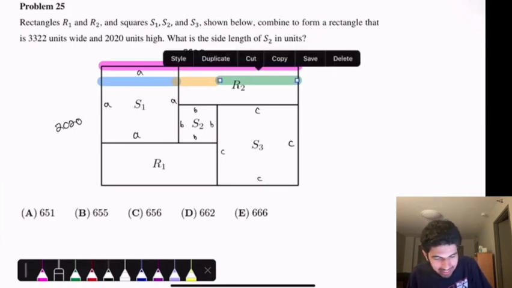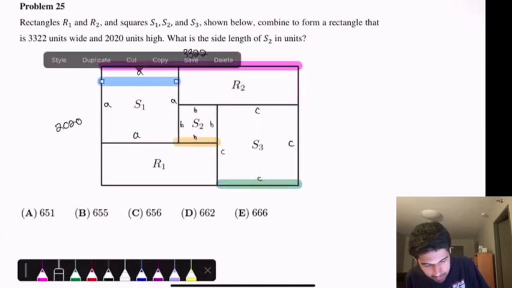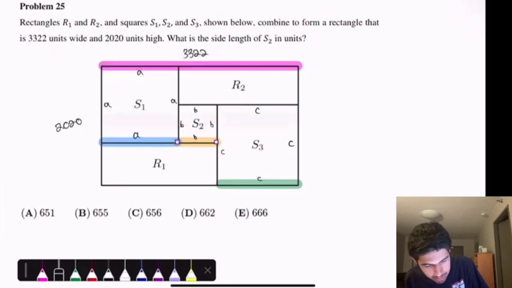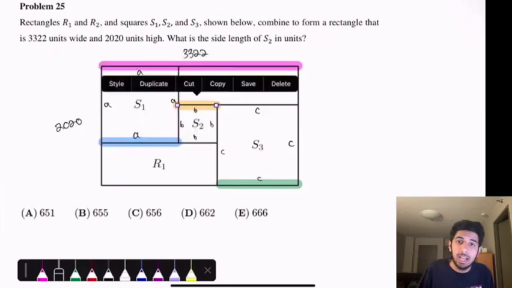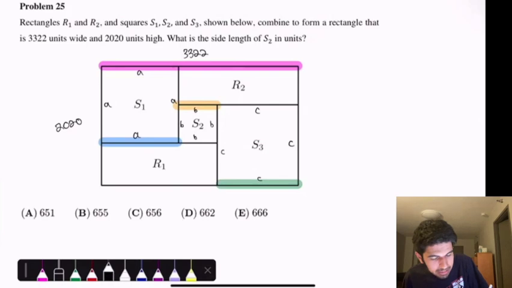Because we can slide these down and see that they are the side lengths of squares already within our larger rectangle. In fact, we can gather that A plus B plus C is going to equal 3322.